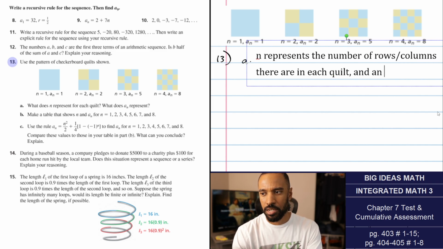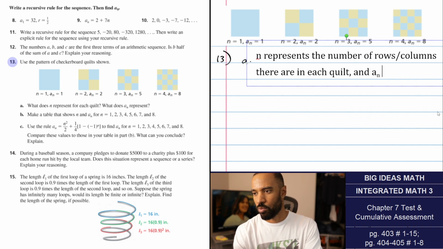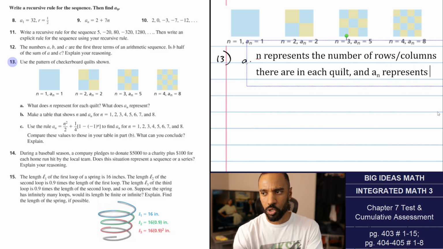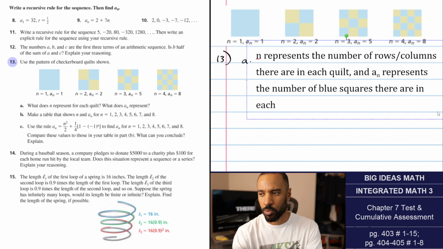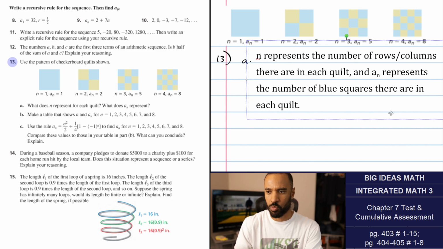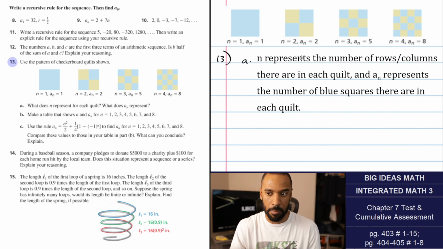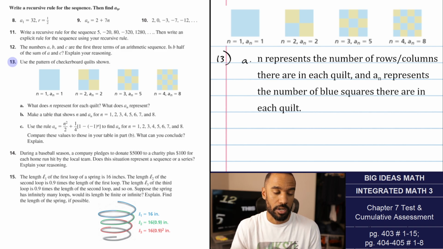And A sub N represents the number of blue squares, based on what I'm seeing. There might be a different pattern, but so far that has agreed with it.